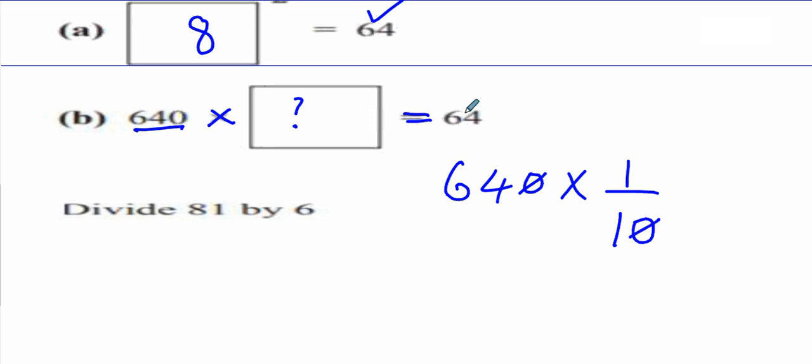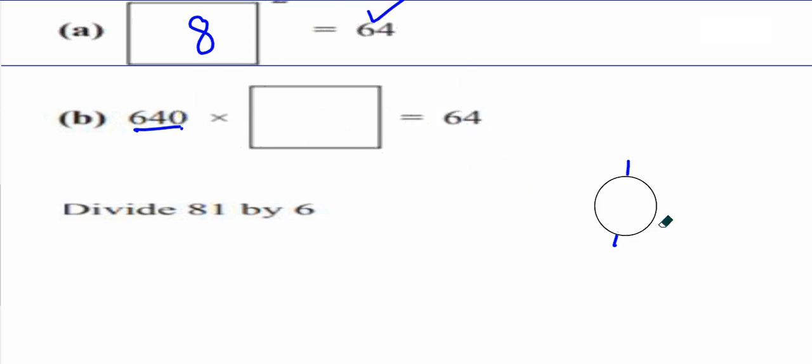See that? The answer will be equal to 64. So these are mental calculations. Here you multiply by 1 over 10, or you multiply by 0.1.